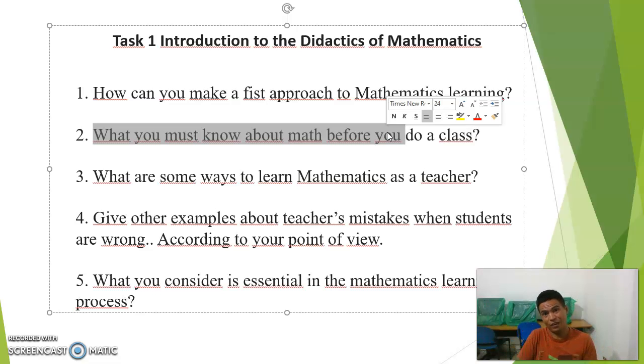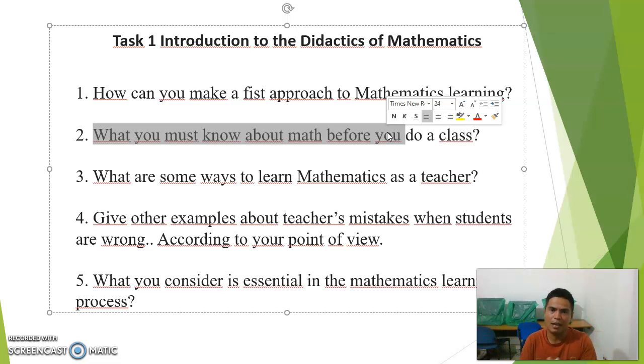So, after that, we can develop or use some specific strategies to teach the students.